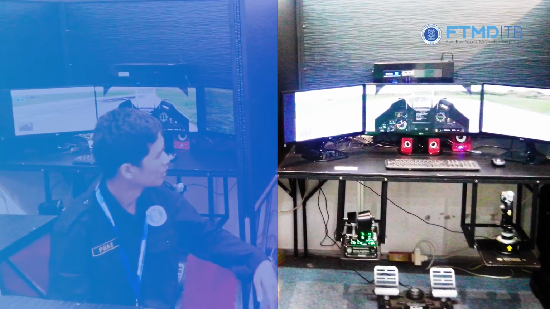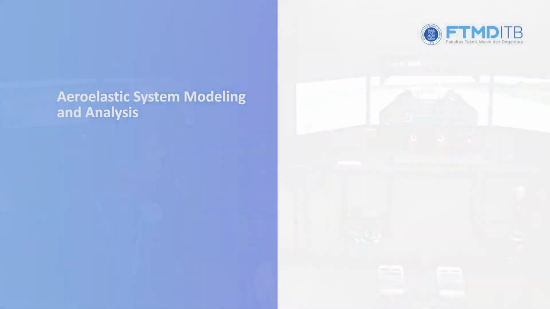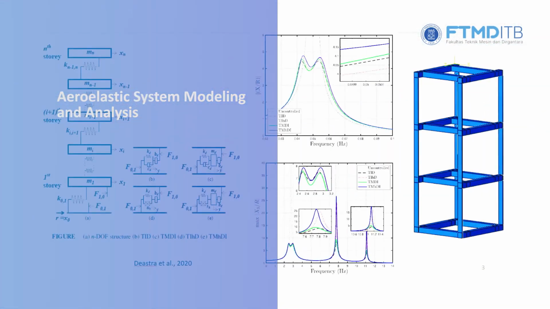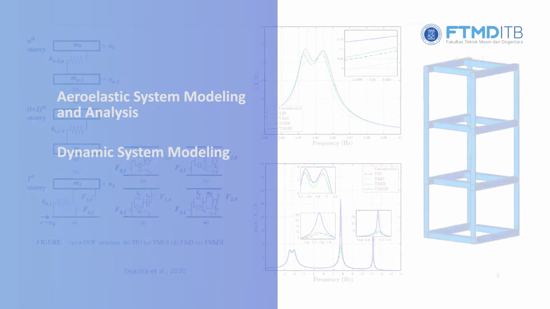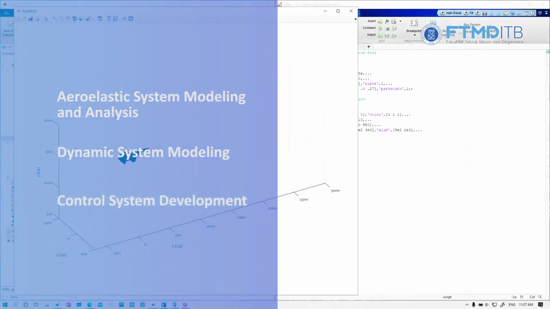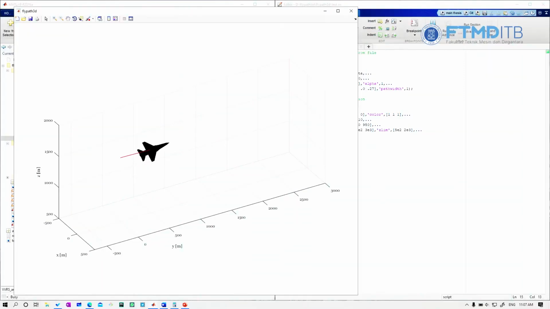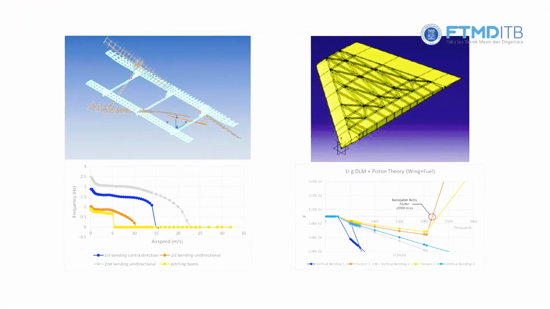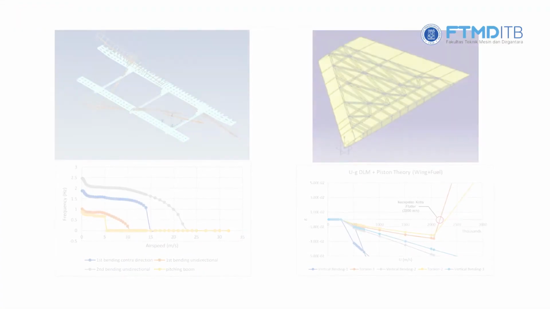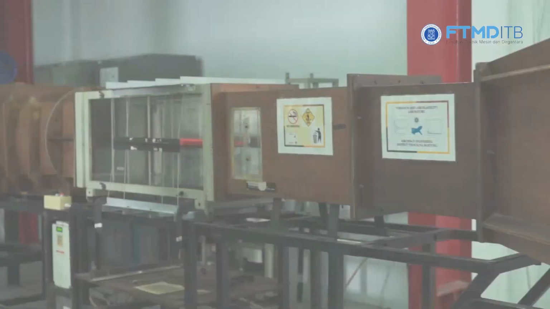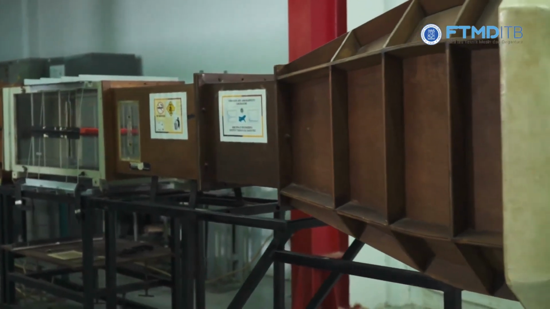In general, we have done some research, including aeroelastic system modeling and analysis, dynamic system modeling and simulation, and control system development. This laboratory is not only used for research but also for lectures, such as practical introduction to flight measurement sensors, basic electronics and data acquisition system simulation for instrumentation, and measurement and experiment or IME.